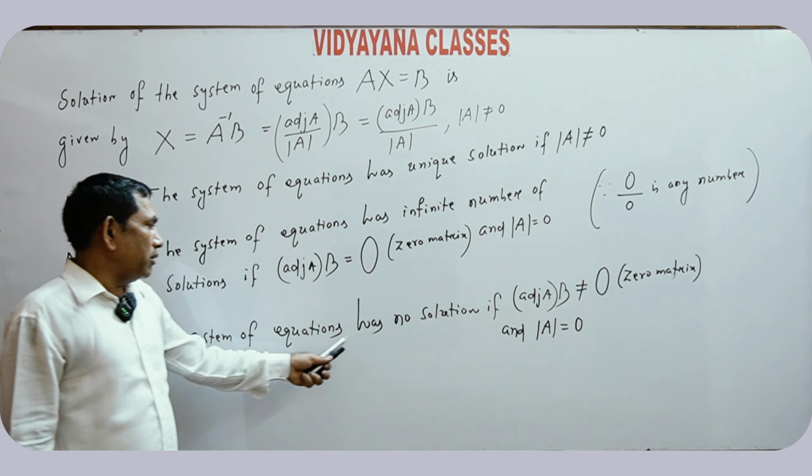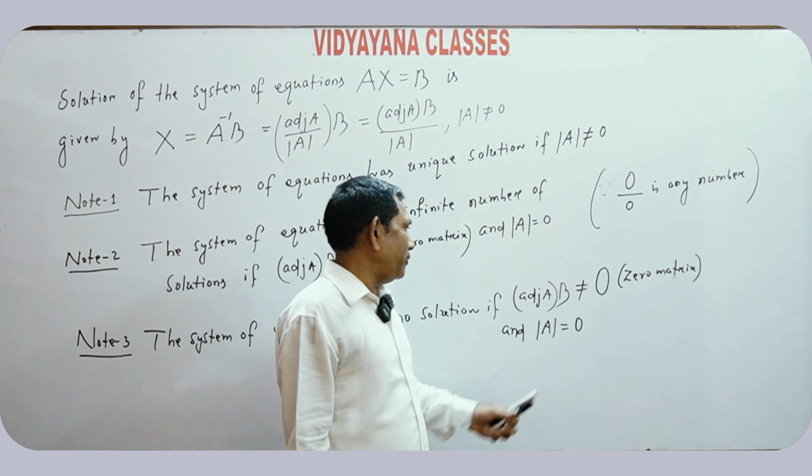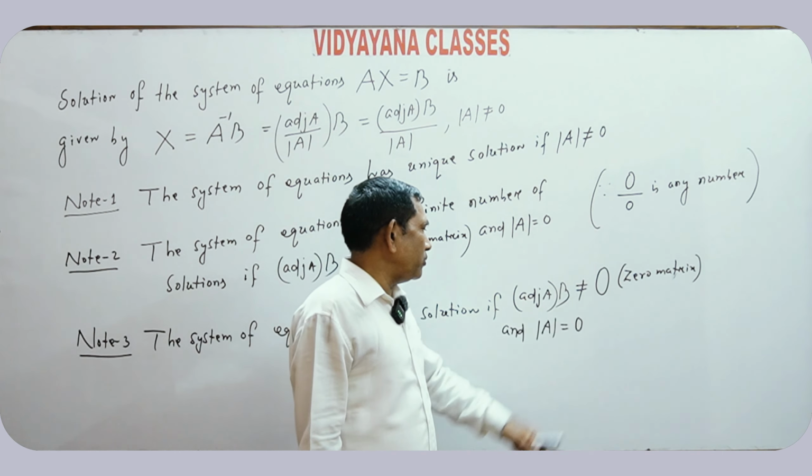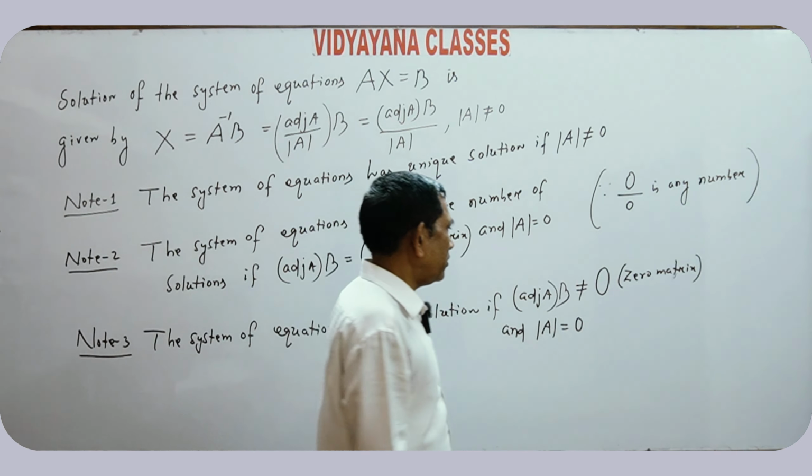The system of equations has no solution if adjoint A into B is not equal to 0 matrix and determinant of A is equal to 0.